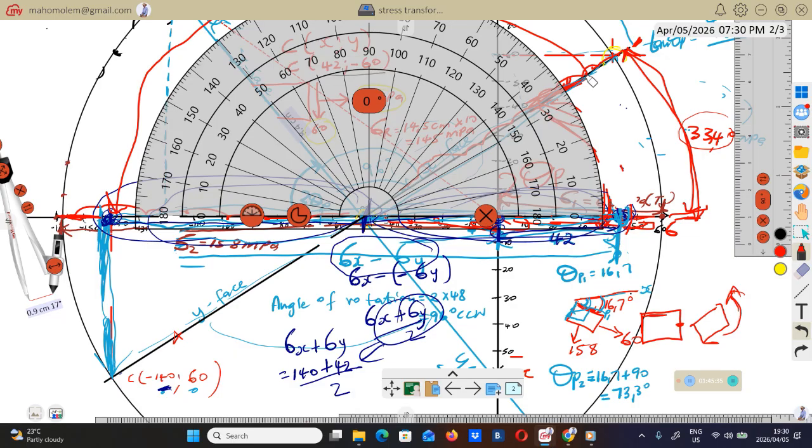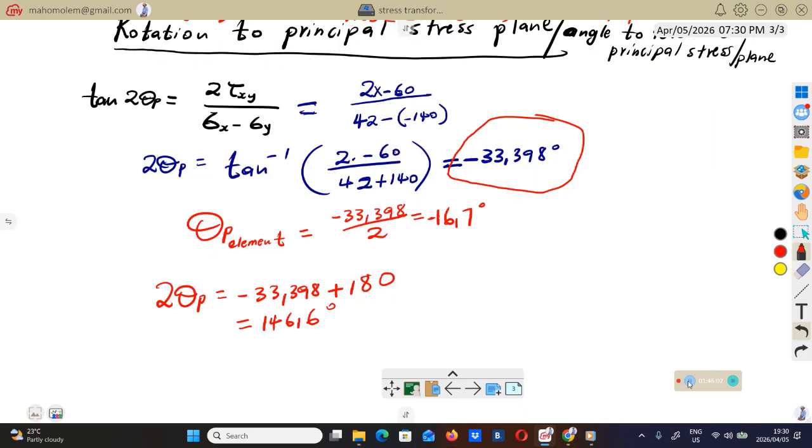You can rotate this black line in an anti-clockwise direction with this angle of, you'll see the angle from here to there, it's 147. It's 147. So calculation wise, which is this one, then we got positive answer here.